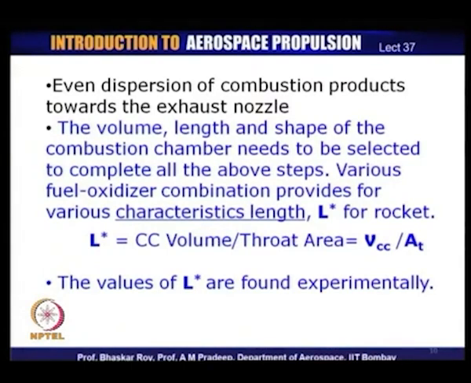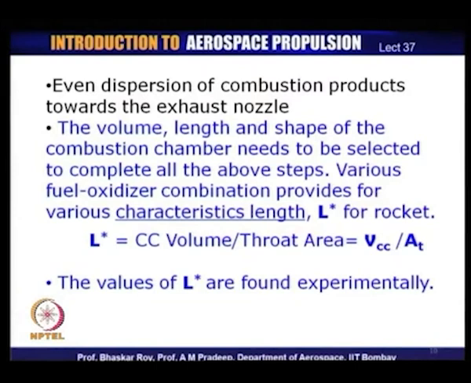Now, the combustion chamber volume we have seen is somewhat dependent on the combustion chamber pressure and combustion chamber temperature, which are also dependent on the chemical properties of the fuel and the oxidizer. As a result, these are determined independently, and hence the values of L star are often found experimentally in the laboratories, and then they are characterized.